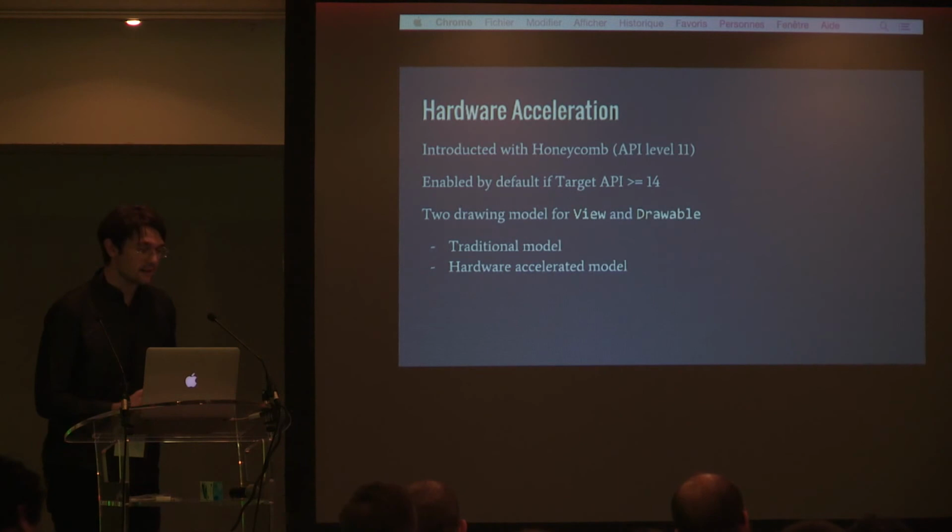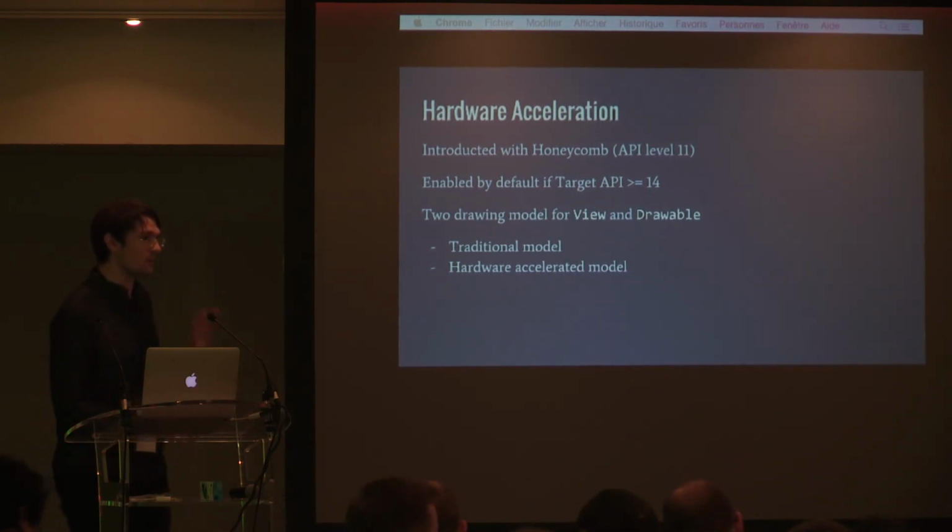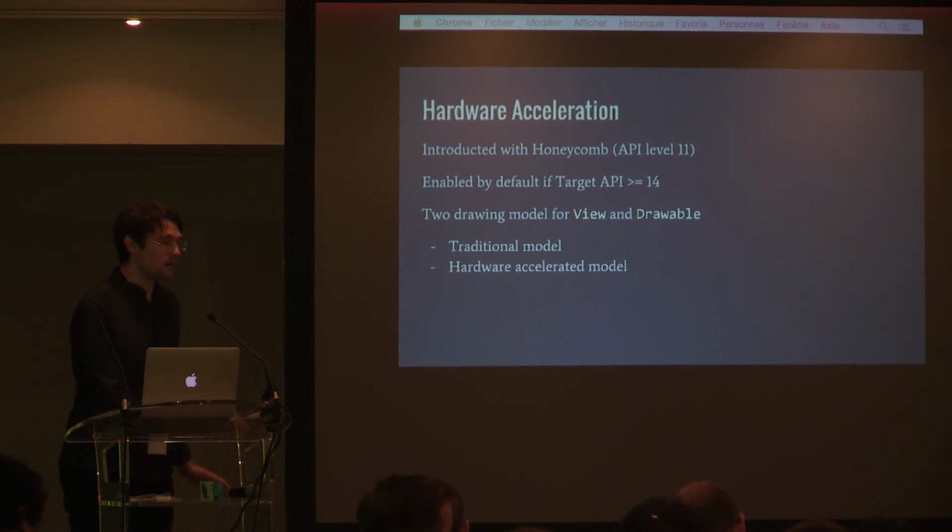The first thing is that even if you didn't notice, hardware acceleration is already enabled in your application. One thing that really needs hardware acceleration is a web view with JavaScript animation.